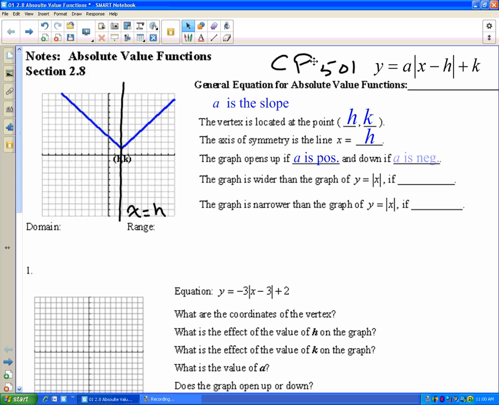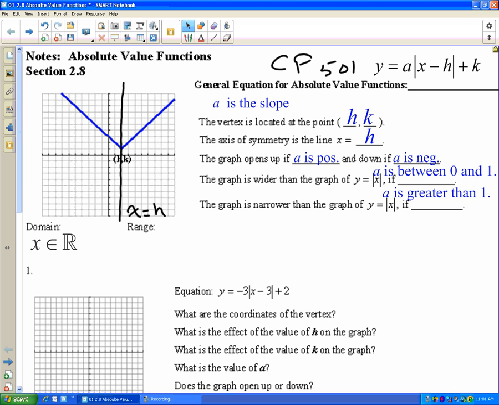The graph is wider than the graph y equals absolute value of x if a is between 0 and 1, and it's narrower when a is greater than 1. For all of these, my domain will always be x is an element of the real numbers. All real numbers will work for my x's.